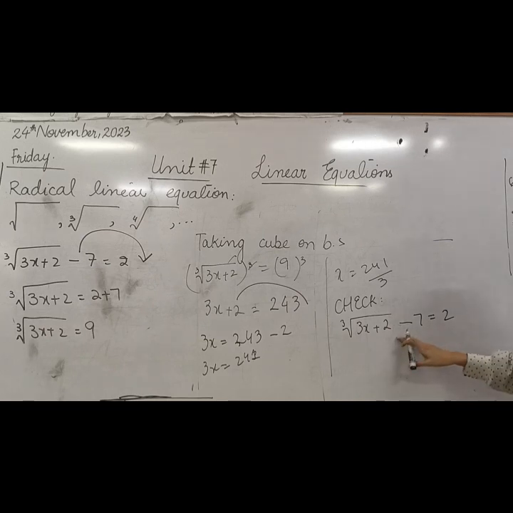And don't shift anything from left to right or right to left. No like terms will be collected, nothing. You just have to put the value of x in the places where it is given. Put the value: cube root of 3 times 241 over 3 plus 2 minus 7 is equal to 2. Now solve it and verify whether the solution is true or not.